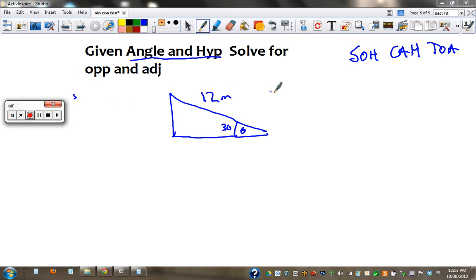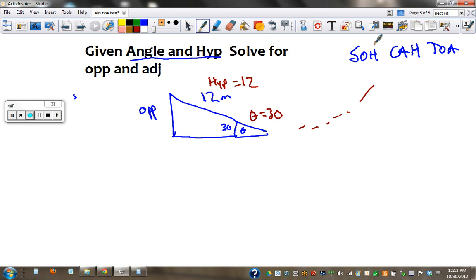Alright, so here's problem number 1. Let's find the opposite. Now I know the hypotenuse, and I know theta, and I need to find the opposite. So now I go over here, and which one of these, if I know the hypotenuse and the theta, can I find the opposite?